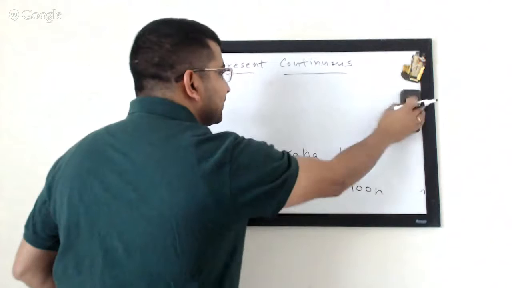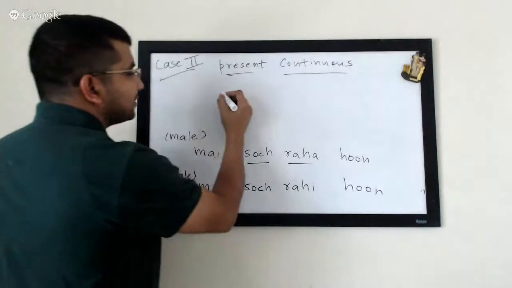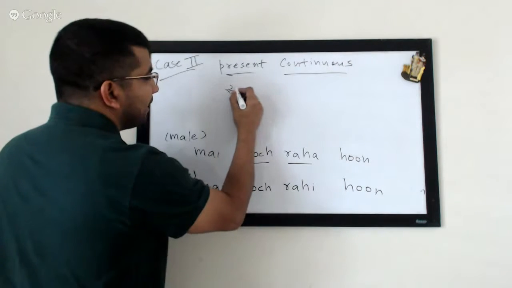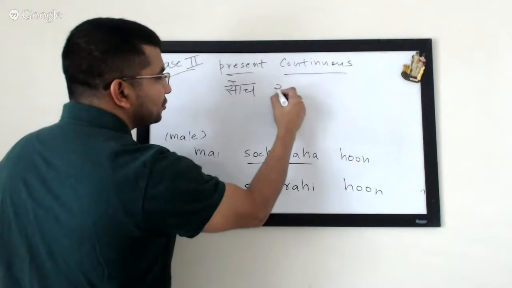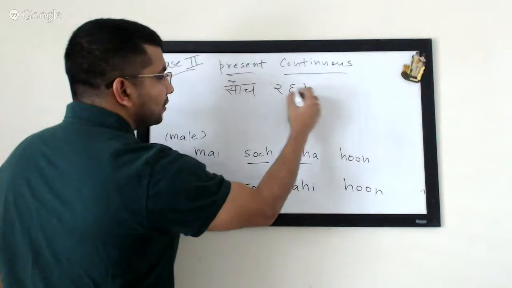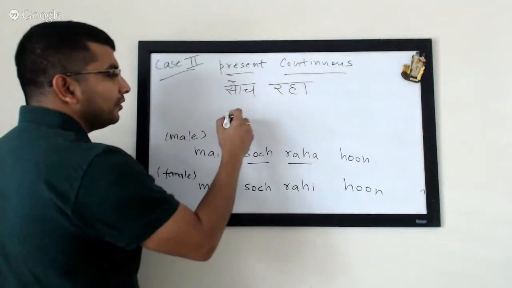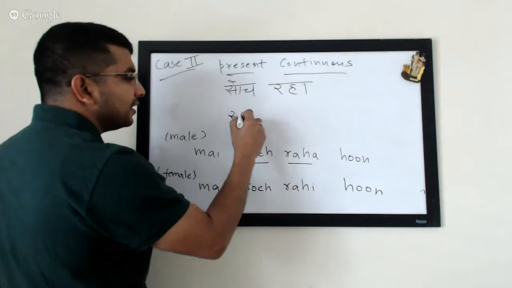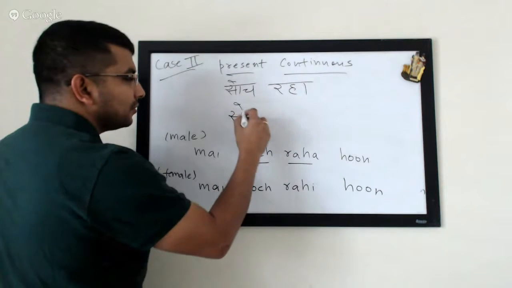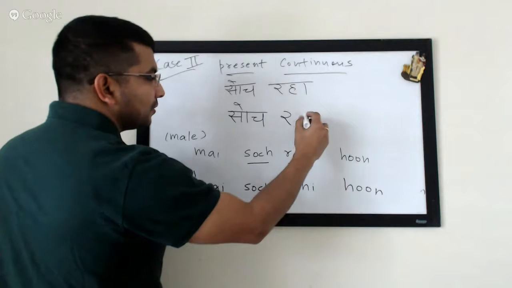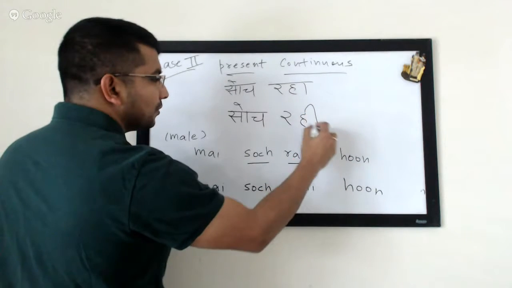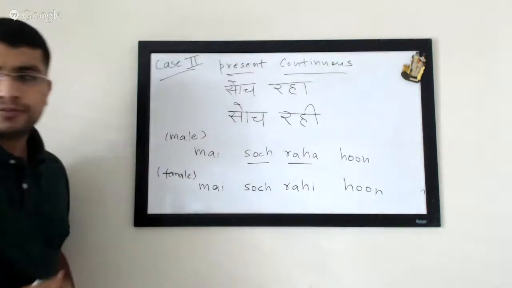And if you want to see the Devanagari part, it's मैं सोच रहा हूँ for a male. For a female, it's मैं सोच रही हूँ.